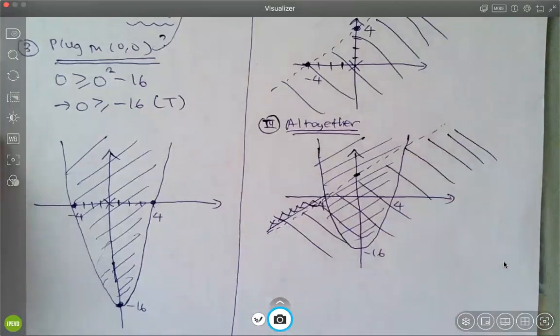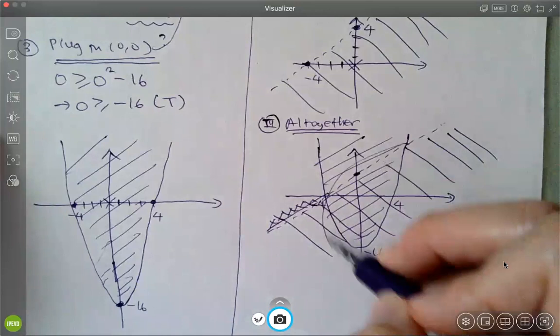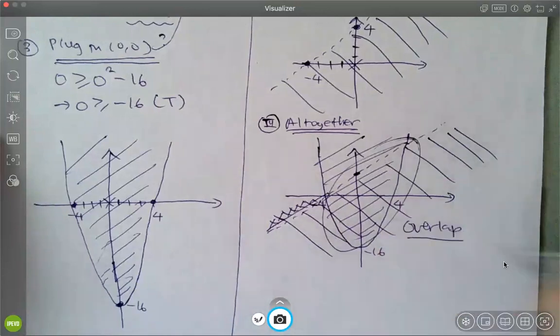And now, are there any overlaps? Where is the overlap? Here, right? Okay, so what's the final answer?